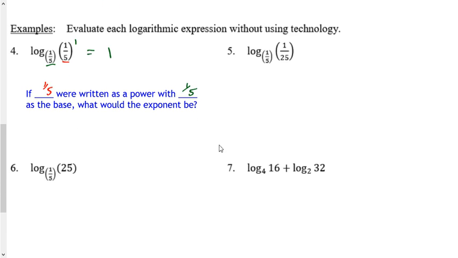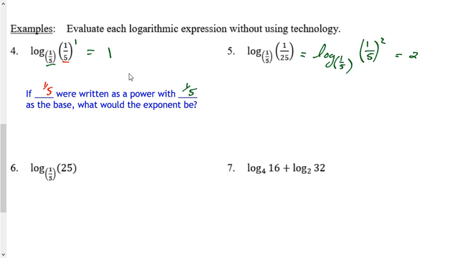Now we're saying if 1 over 25 were rewritten as a power base 1/5, what would the exponent be? 1 over 25 is 1 over 5 squared, or 1/5 squared. What's the exponent? It's a 2.